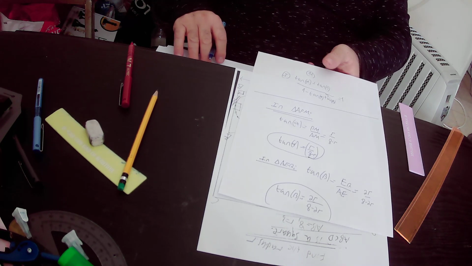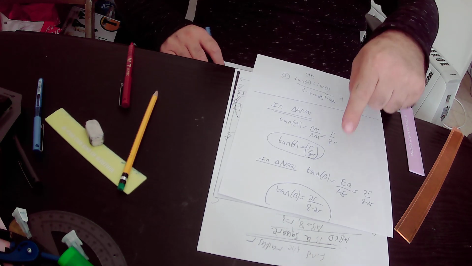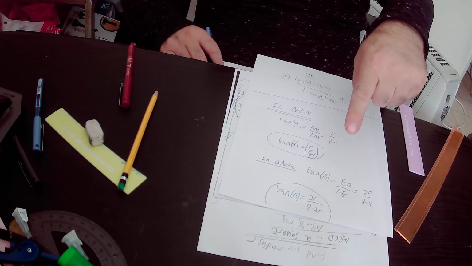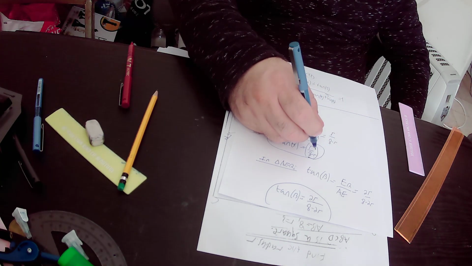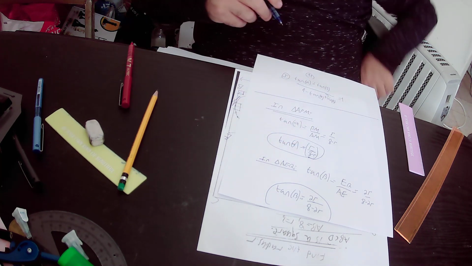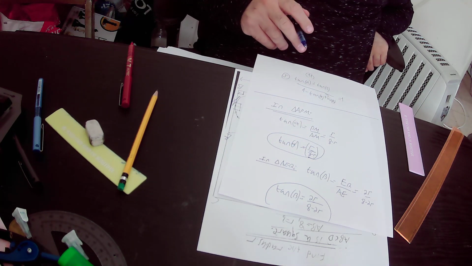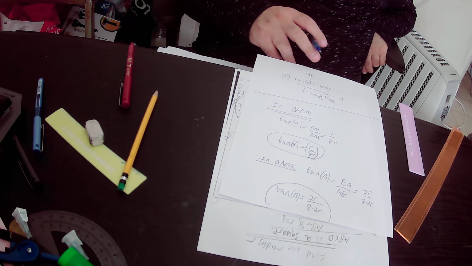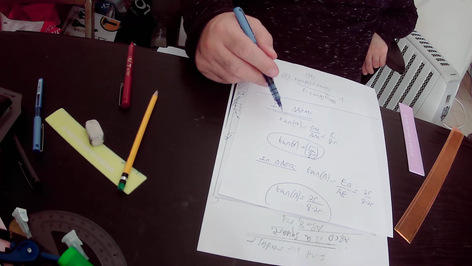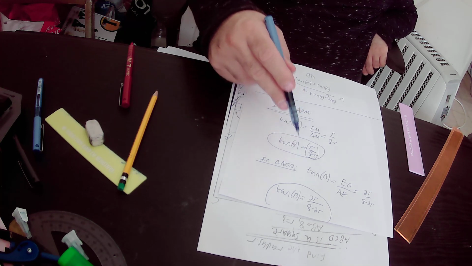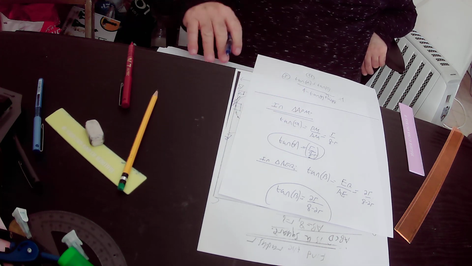So tangent beta equals 2R over 8 minus 2R, and tangent alpha equals R over 8 minus R. So we will substitute the values of tangent alpha and tangent beta in equation number 1 by the values that we found.